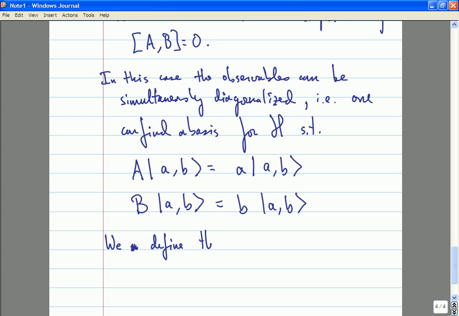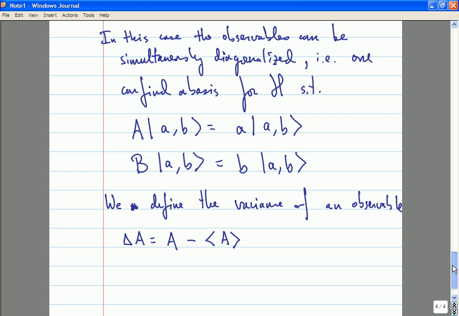Let's define the variance of an operator as follows. If I have an observable A, then I can define delta A as the operator which is A minus the number which is the expectation value of A. Or if you want to be extremely precise, it's A minus the number which is the expectation value of A times 1.